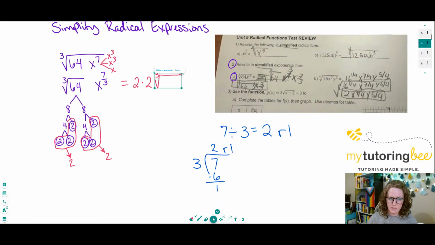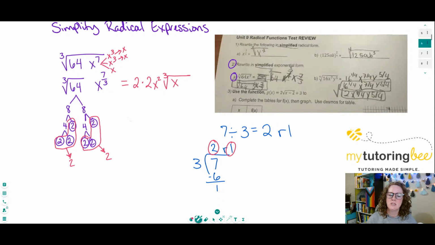So I actually need to give myself a little bit more room here, because these 2, each of these are going to be represented as a single x. In other words, these 2, our whole number that we got when we divided, is what our outside exponent is going to be for that variable. And then we have this single x left over, or that remainder, and that's what is going to be left inside the radical, because we don't have enough groups of 3 to pull that outside of the radical.